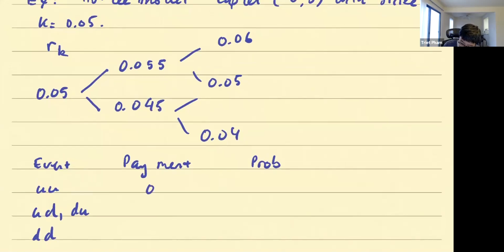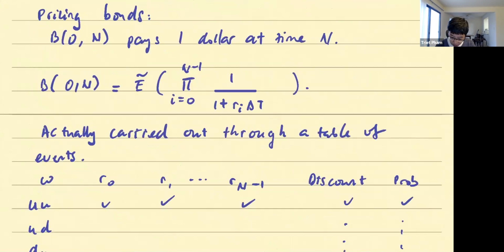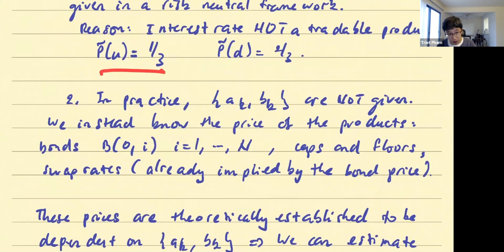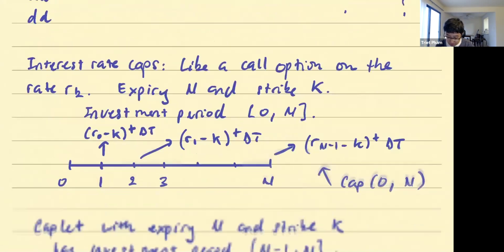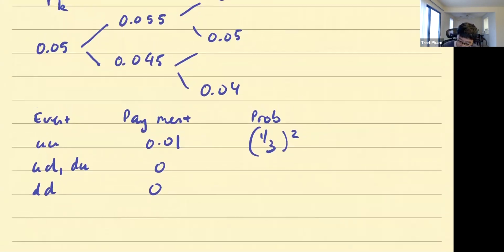The payment is 0.01, 0, and 0 because it's a cap with strike 0.05. The probability is only the probability of UU, which is 1/3 squared, because the risk neutral probability of going up is 1/3. So we have one single payment with this probability.